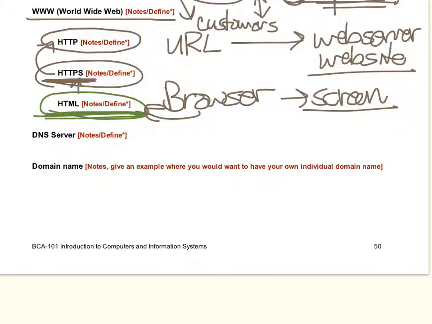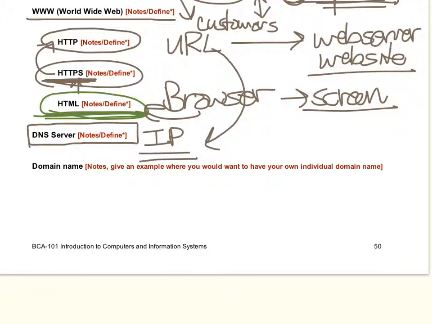We already talked about DNS, domain name services. It's too hard to remember all the IP addresses, so the URL is matched with an IP, which gets you to the correct website.